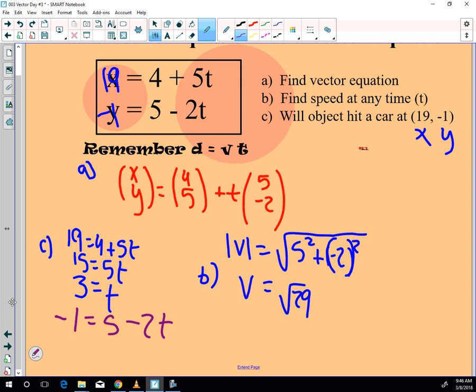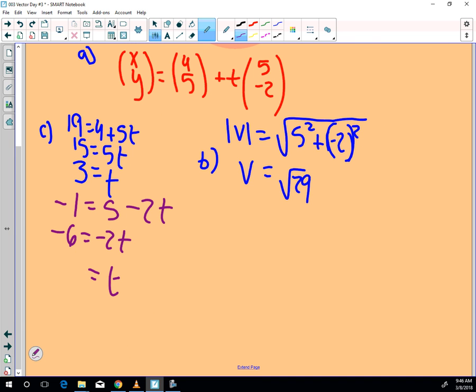And if this is going to work, you subtract 5. Negative 6 equals negative 2t. What's t going to be equal to? Negative 6 over negative 2? 3. So since those are the same, they are not going to arrive at different times. They're going to arrive at the same time. Is that okay?